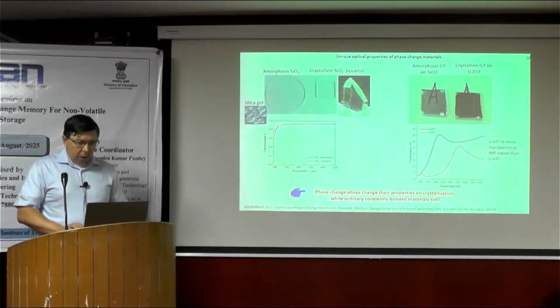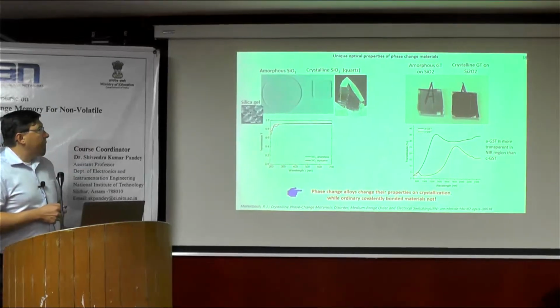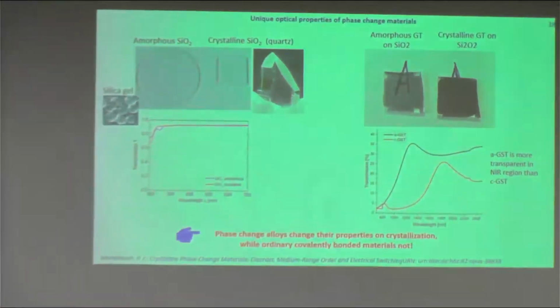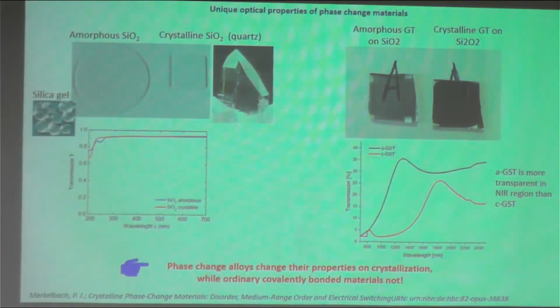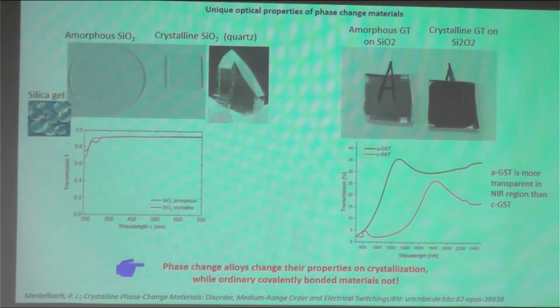Now let us consider some typical substances. For example, silicon dioxide. It exists in amorphous and crystalline form, and as you can see, it is transparent in both states.